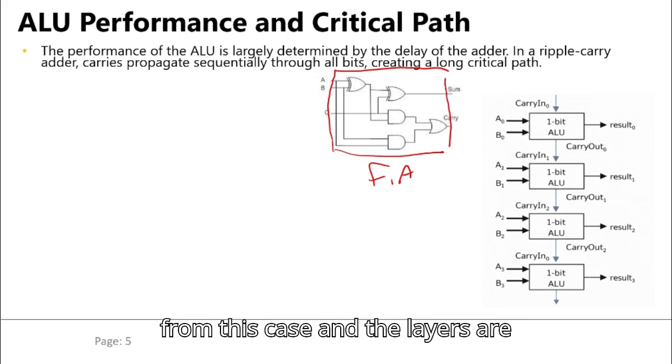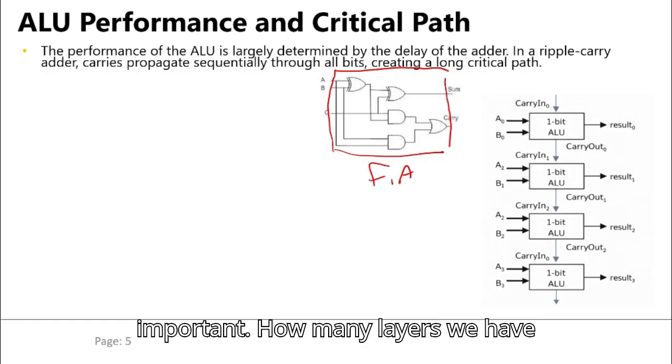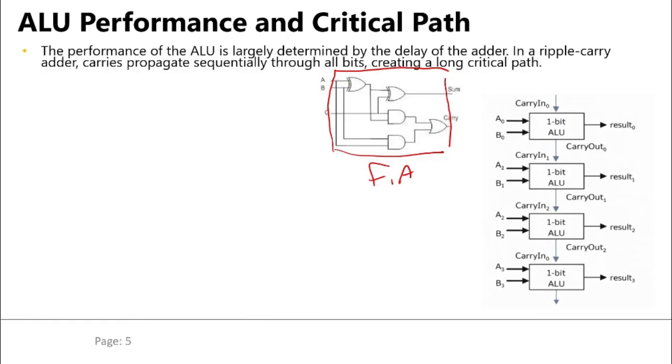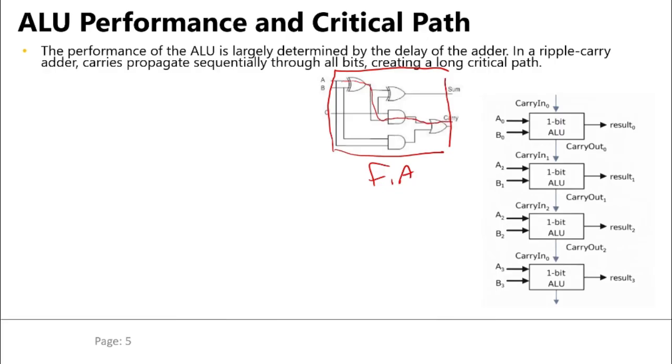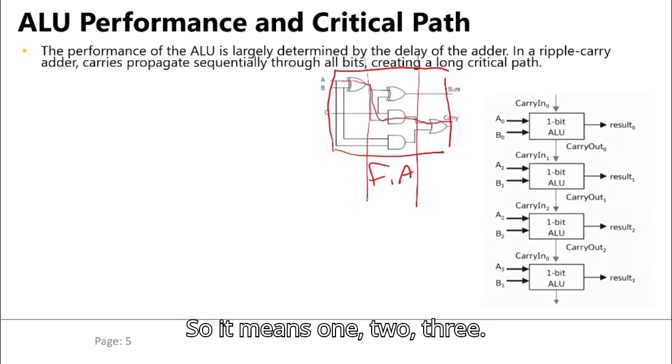And the layers are important. How many layers do we have here? You can consider the longest path that a signal travels. So the longest path is like here. So it means 1, 2, 3.